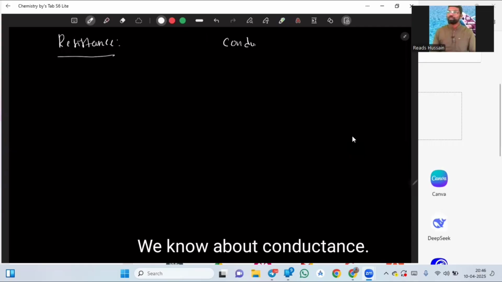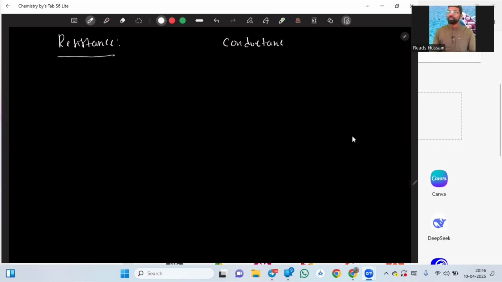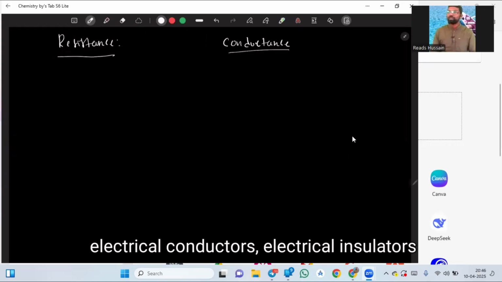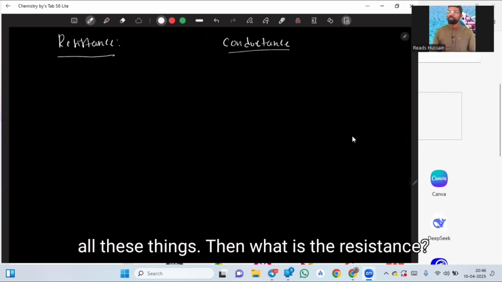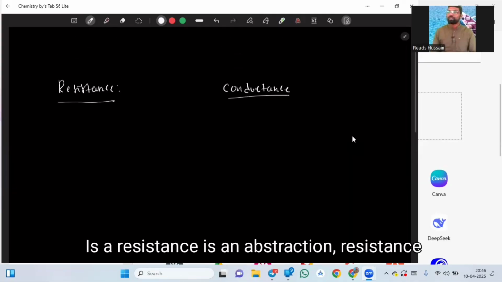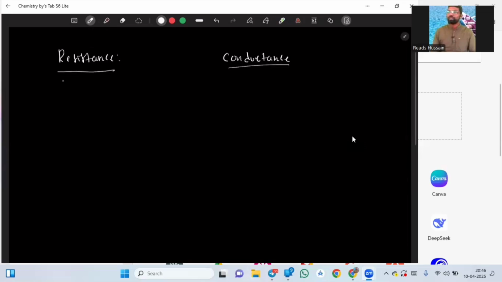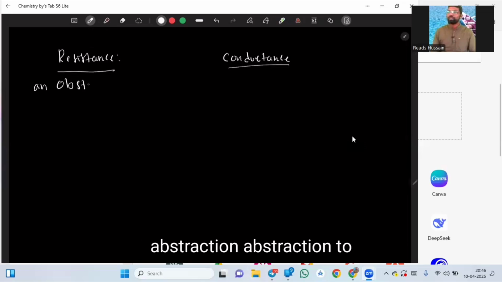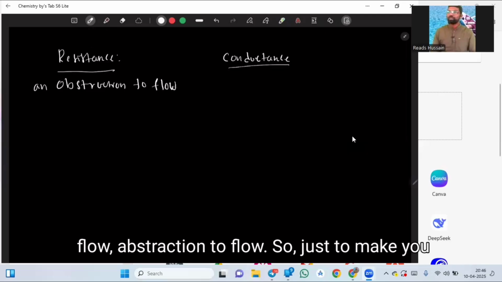Conductance is related to conductivity, electrical conductors, electrical insulators, all these things. Then what is resistance? Resistance is an obstruction to flow.